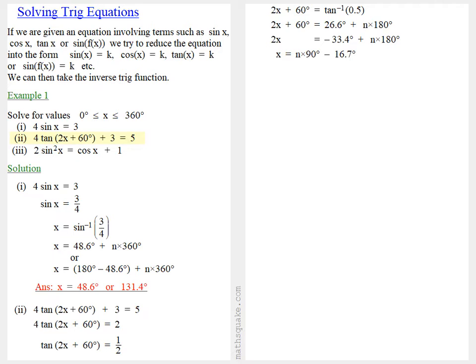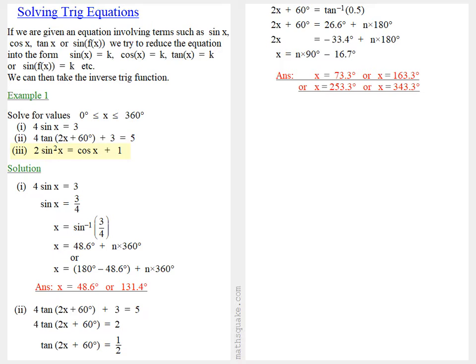So x is equal to n times 90, take away 16.7 degrees, and all the values between 0 and 360 will be x is equal to 73.3 degrees, or 163.3 degrees, or x equals 253.3 degrees, or 343.3 degrees.